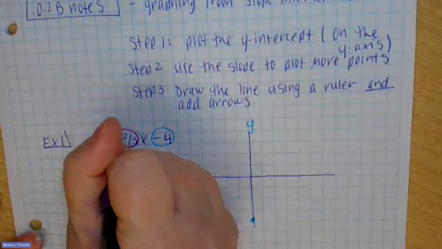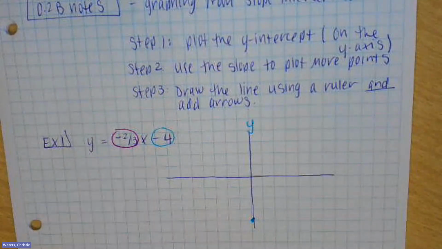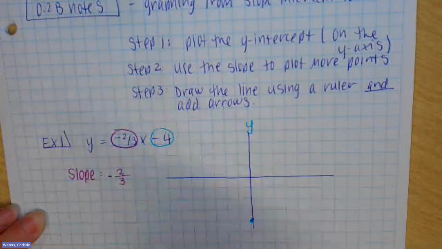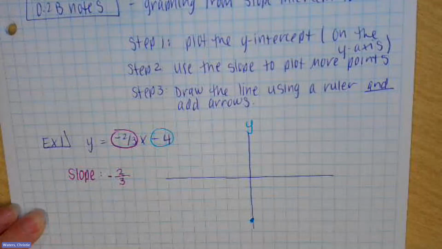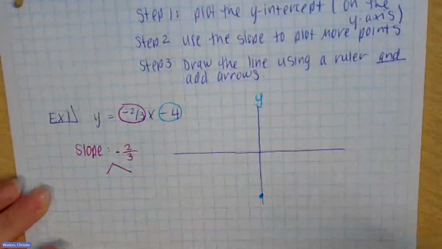So this -2/3, the number that is with the x, on your assignment, it is going to look like this. The negative sign is going to be in the middle, and you're probably going to wonder, well, which number is negative? And my answer to that is it could be either one.